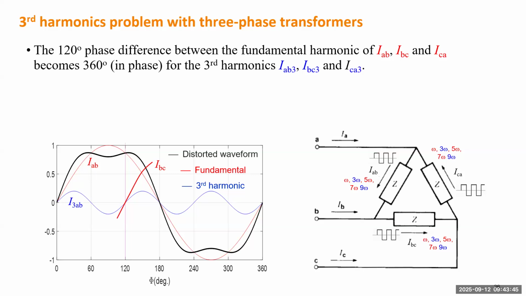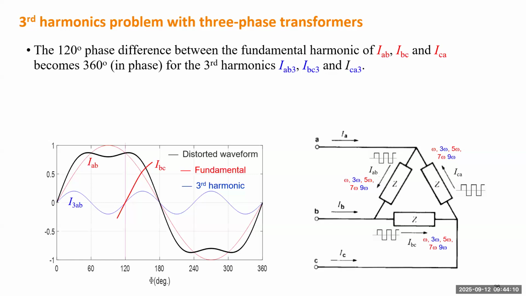Why? Because the original red wave is IAB, which is the current from phase A to phase B, and IBC will be lagging IAB by 120 degrees. The third order harmonic generates 3 half waves for each half wave, because the frequency is 3 times.